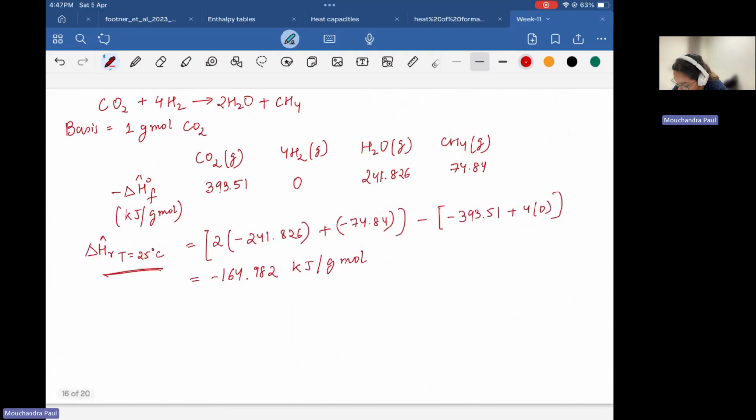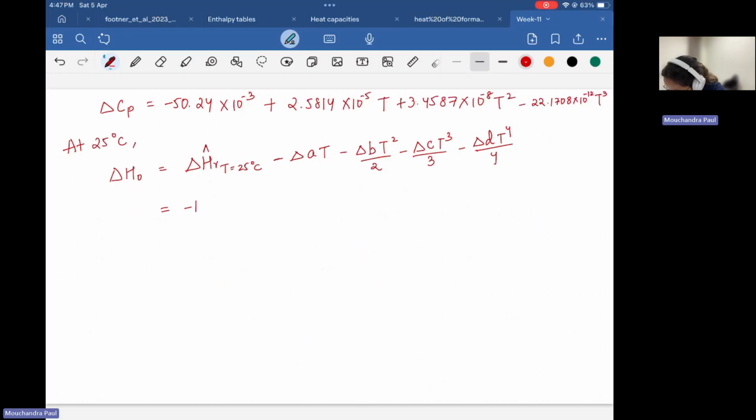So we got at 25 degrees Celsius heat of the reaction as minus 164.982 minus delta A value is given here, and your T is 25. B value is this.